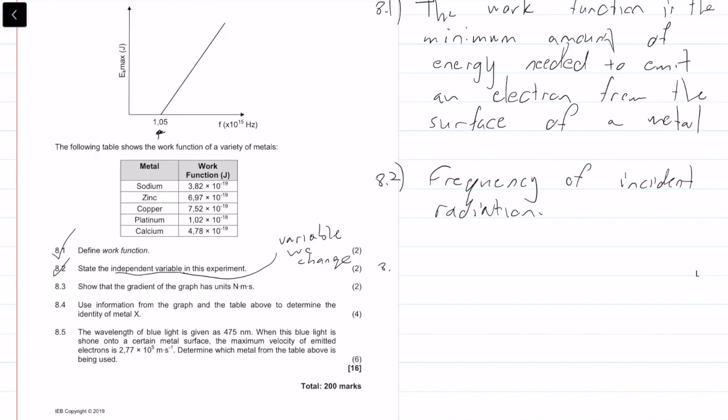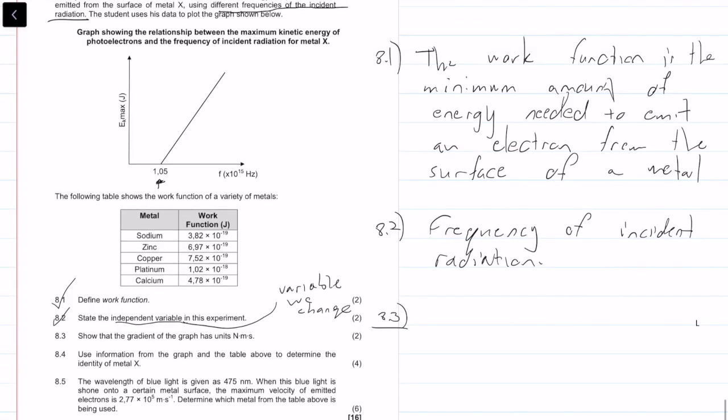Question 8.3: show that the gradient of the graph has units of Newton meter seconds. First of all, our gradient is equal to our change in y over our change in x. We're worried about the units, so the units are going to be joules over hertz.